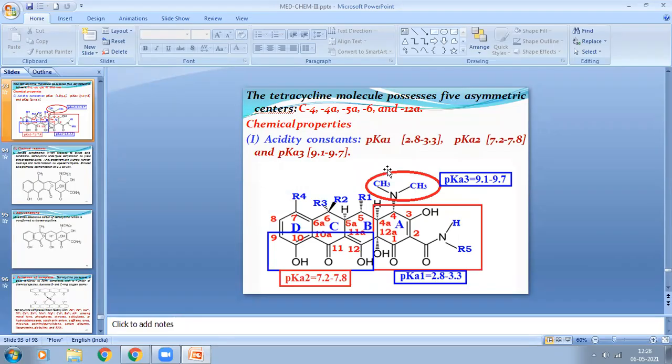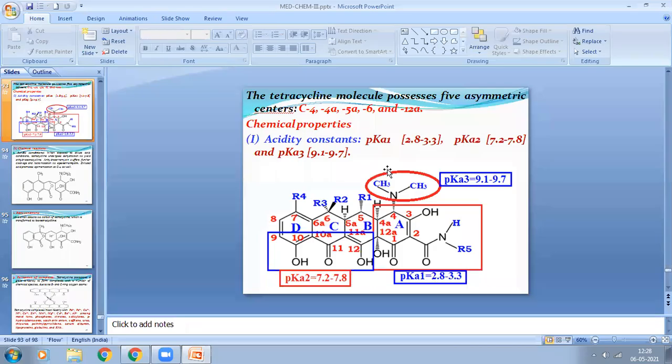Actually, the pK value we can mainly define as the strength of any acid or base, meaning how much of the hydrogen ion or hydroxyl ion it will produce. Okay, it is the strength of an acid or base.